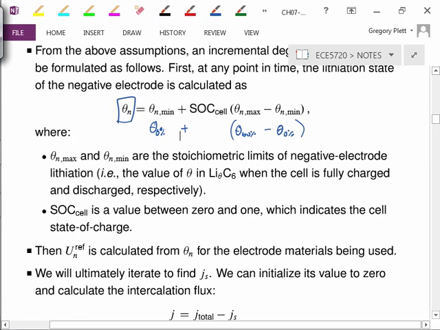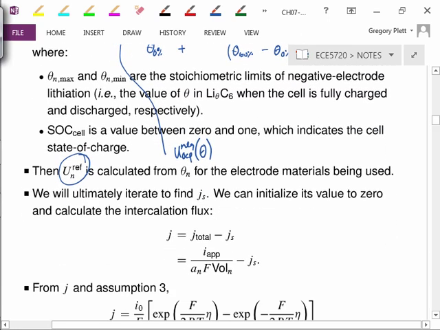Based on that, we put this value of theta n into the U OCP neg function of theta to give us what is our operating open circuit potential at this point in time. I say we're going to iterate to find Js.